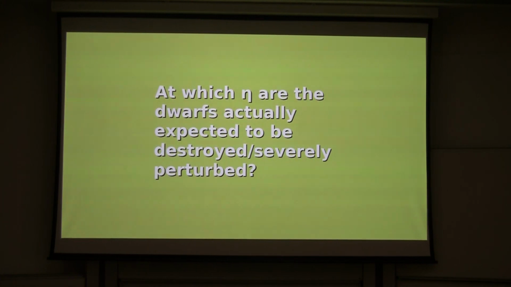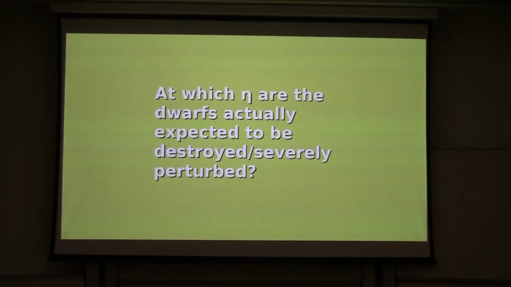But now we need to ask at which tidal susceptibilities the dwarfs are actually expected to be destroyed, regardless of where they are. Just when is it a realistic value for the eta?